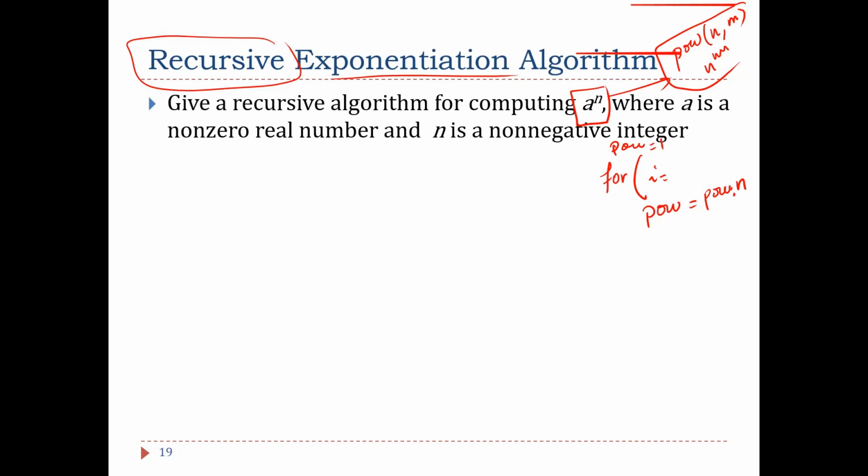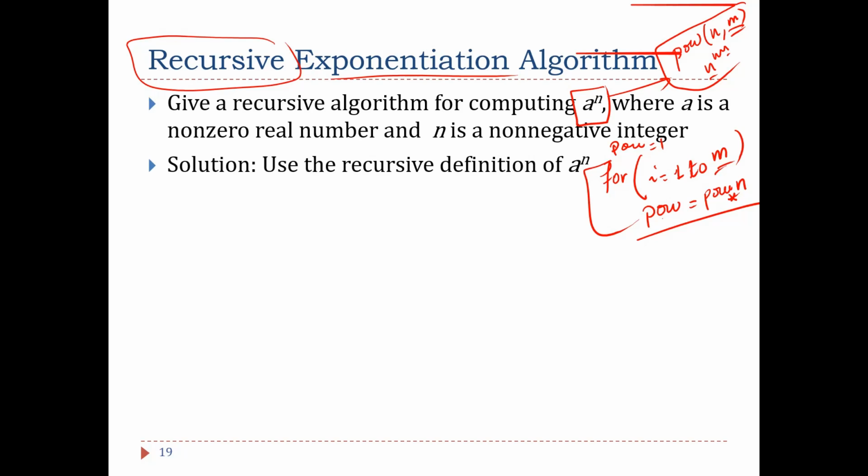Okay, but you have to do this m times, so for i equal 1 to m included. Finally you will get in pow the final power of n to the power m, because you would have multiplied by n, m times. So you can do it iteratively in this way using a loop.